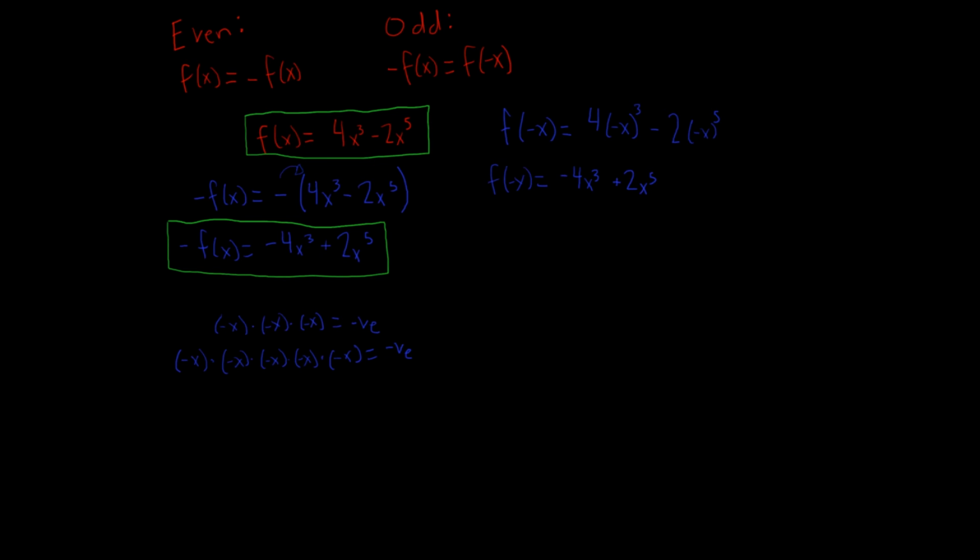So we can see f of negative x, this one right there, does equal negative f of x, because negative 4x cubed plus 2x to the power of 5 is negative f of x, and then we also showed that f of negative x is also negative 4x cubed plus 2x to the power of 5. So we can write a therefore statement.